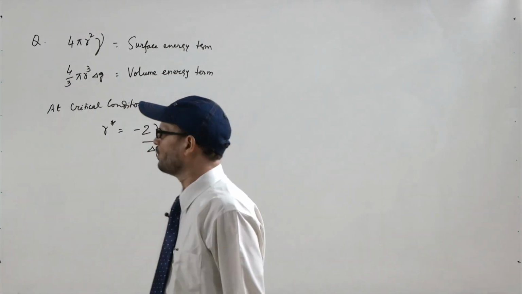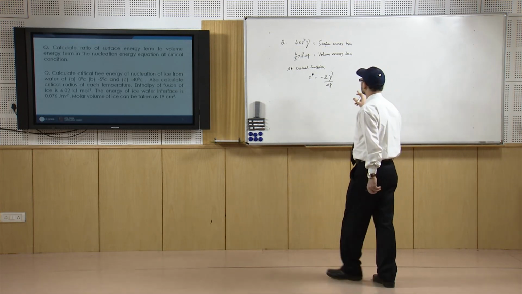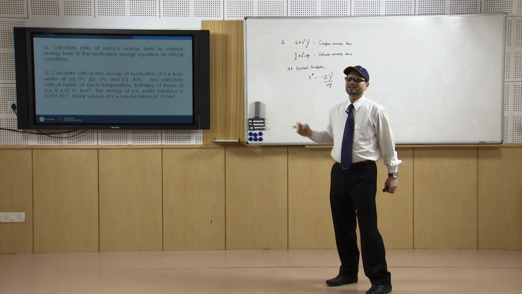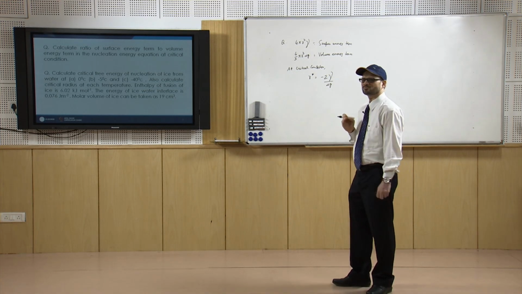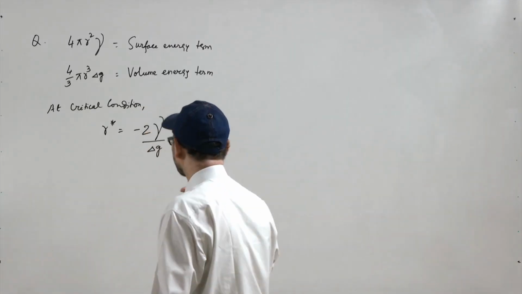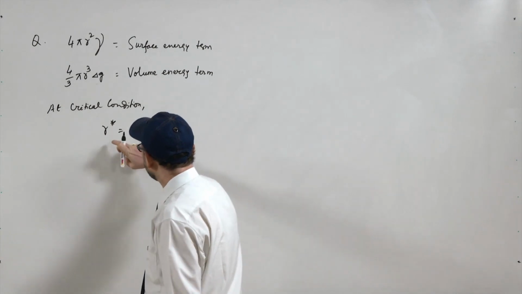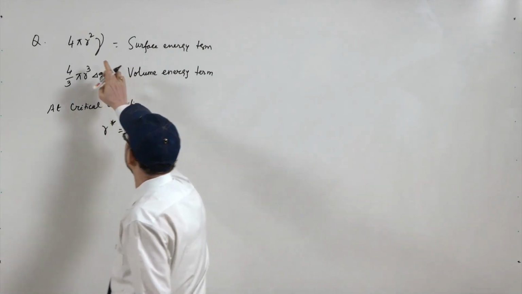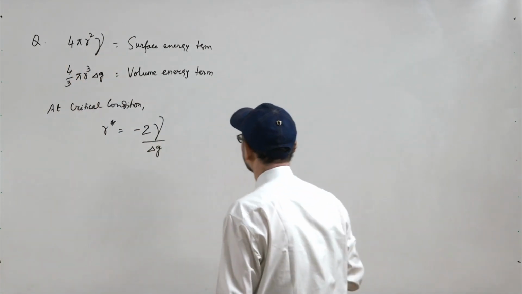This is what we have already derived. This is the critical radius at which there was the peak in the expression 4 by 3 pi r cube delta g plus 4 pi r square gamma. So, we have to put this value of r star here, and then find the ratio.